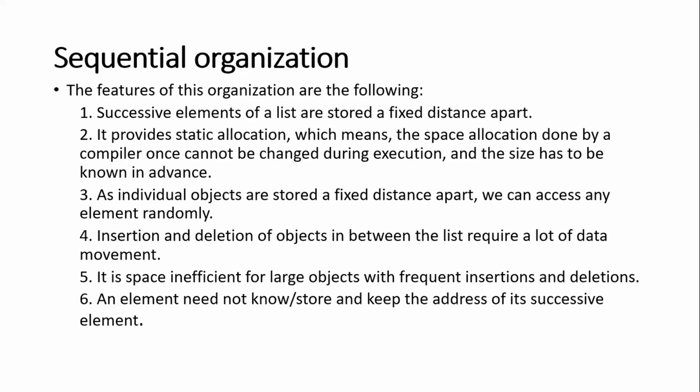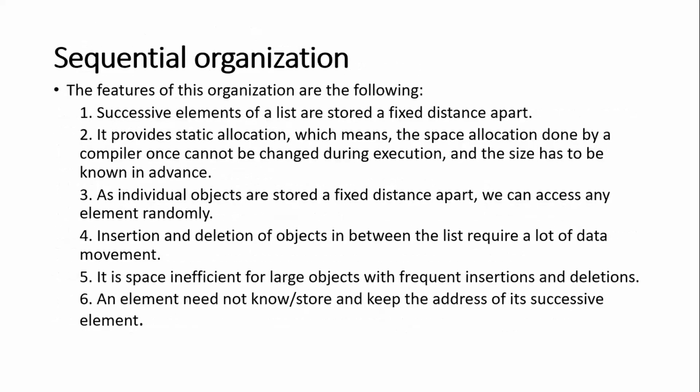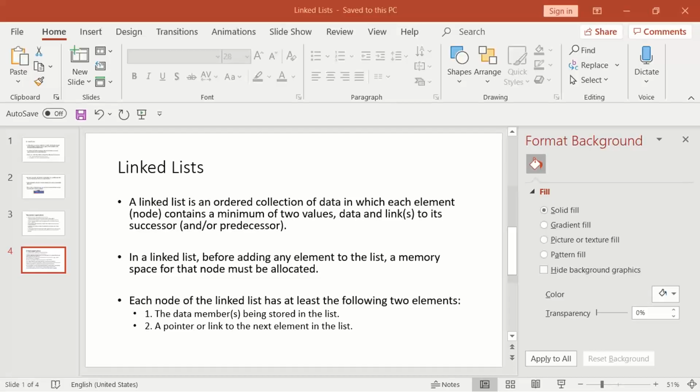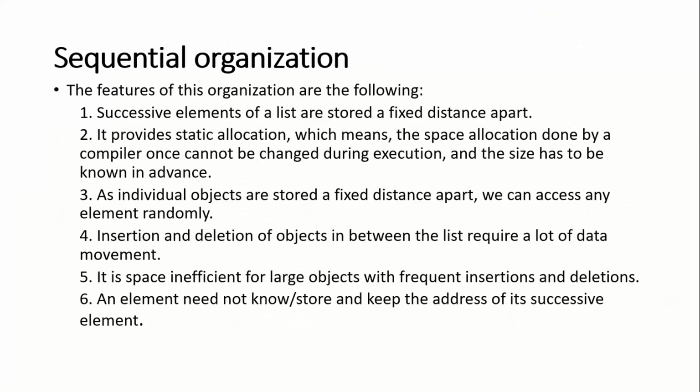Next, as individual objects are stored a fixed distance apart, we can access any element randomly. Yes, the advantage in sequential organization is that you know where the element is stored. For example, take an array containing 10 elements.